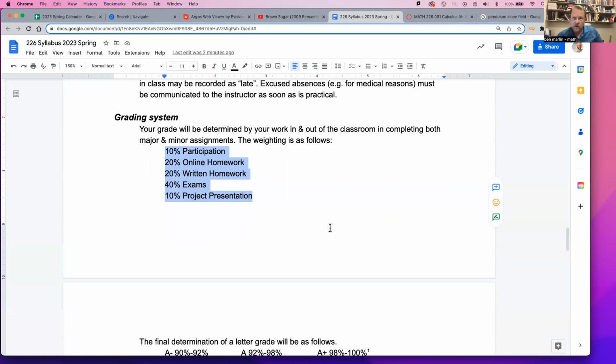The online homework is going to be a shift from what I've done in the past. I'm going to have an online homework assignment for every day of class. Don't be terrified, okay? It will be 3 problems, like the kind of stuff that we did in class. I'm not going to collect the notes that you take in class because I don't think that really serves any purpose.